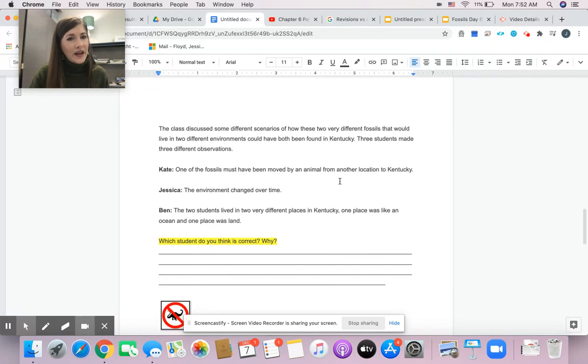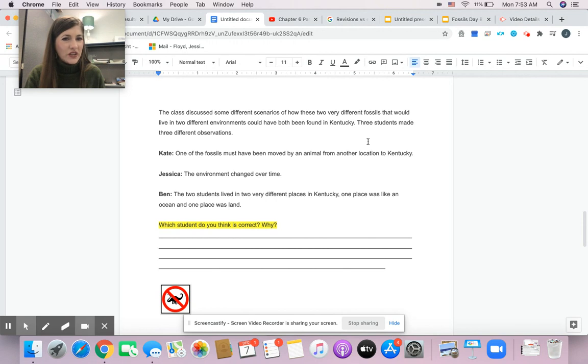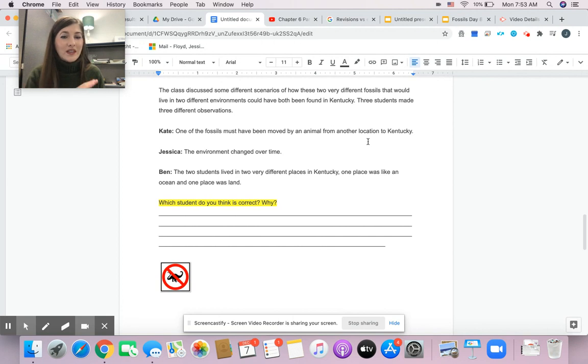Now that they've made their observations, the class has started to discuss some different scenarios of how these 2 very different fossils would live in 2 different environments that could have both been found in Kentucky. 3 students made 3 different observations.